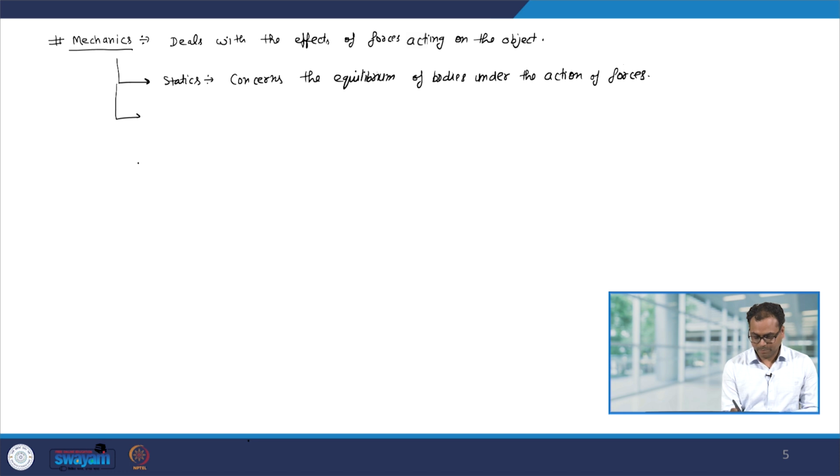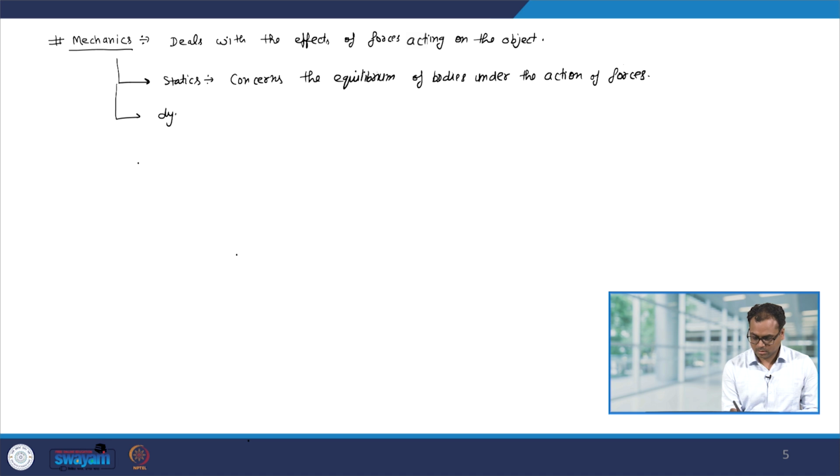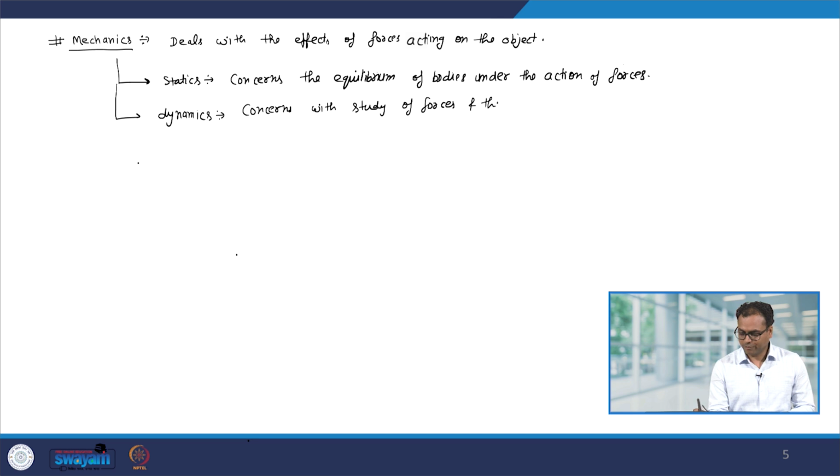And its second part is the dynamics, which concerns the study of forces and their effect on motion.